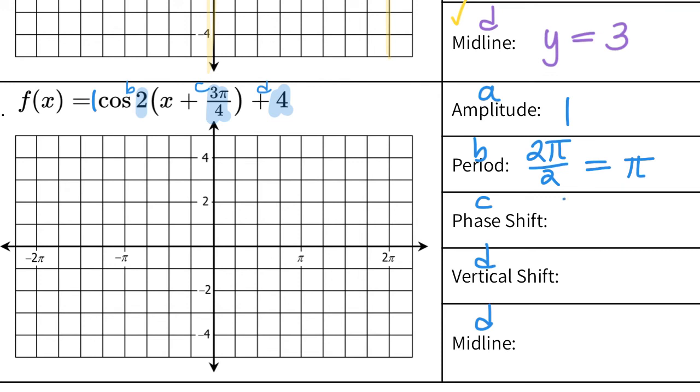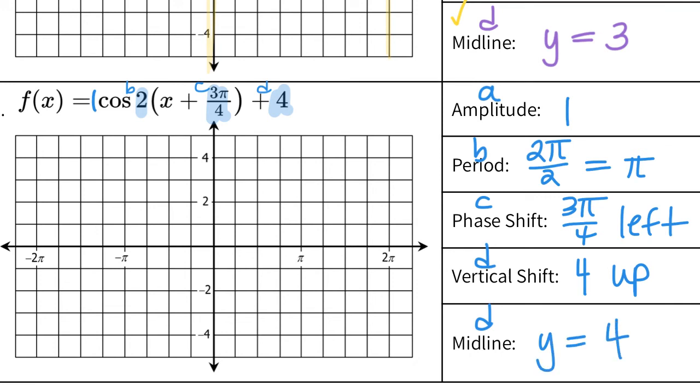Phase shift, there is a 3 pi over 4 there. But since there is a plus sign, that means that we are moving towards the left. D, there is a 4 in that spot. It is plus sign, so we are moving up. So our midline is at y equals 4.